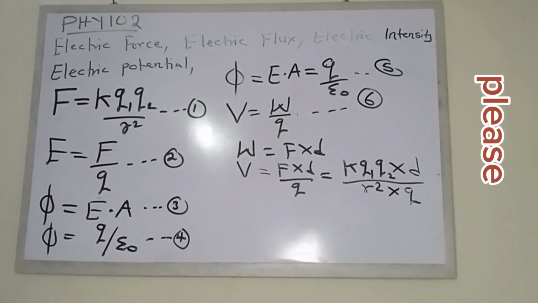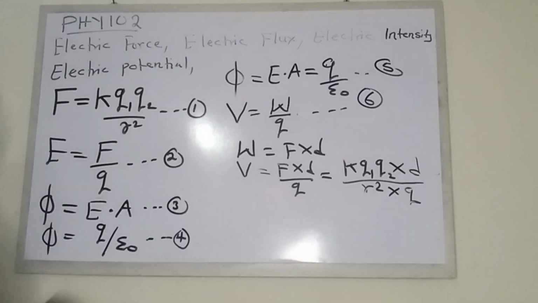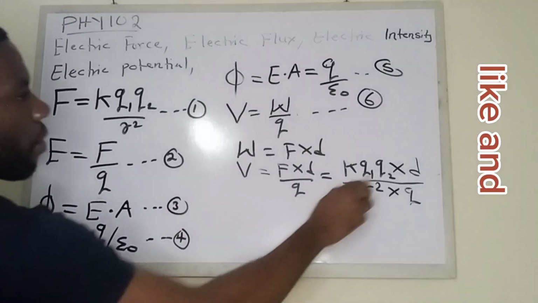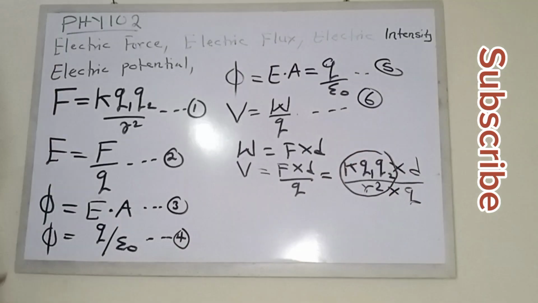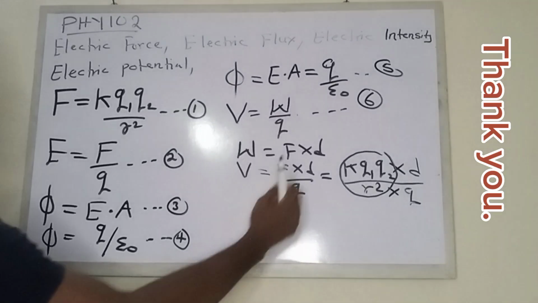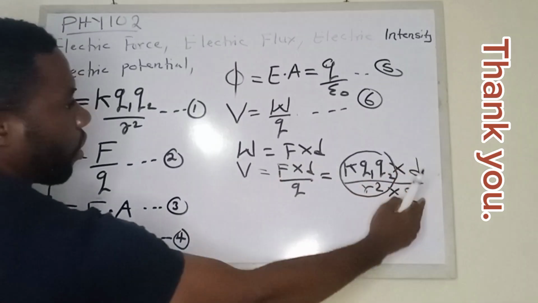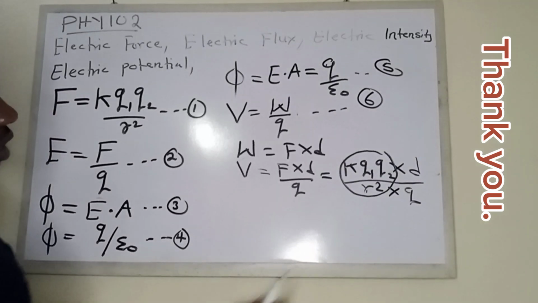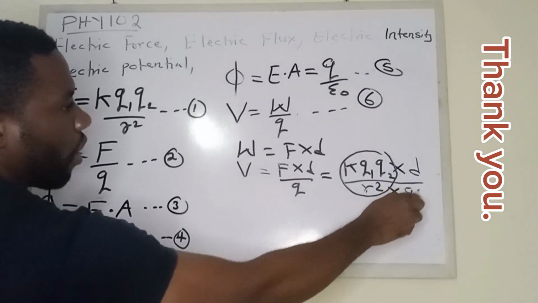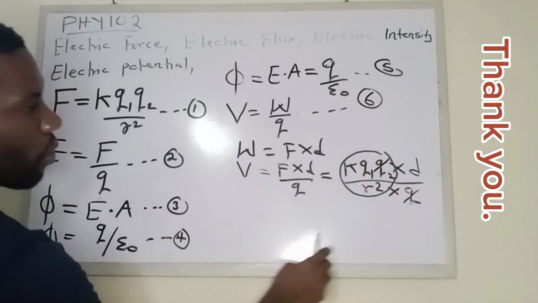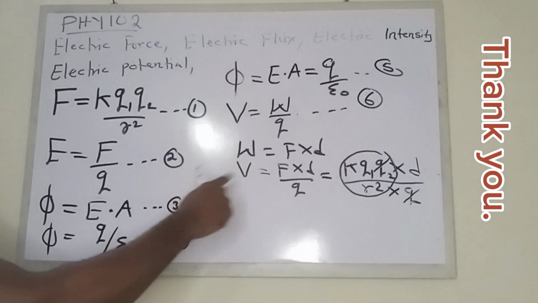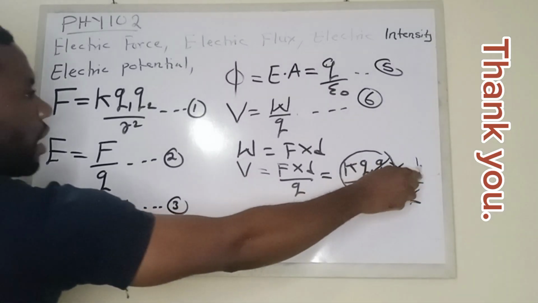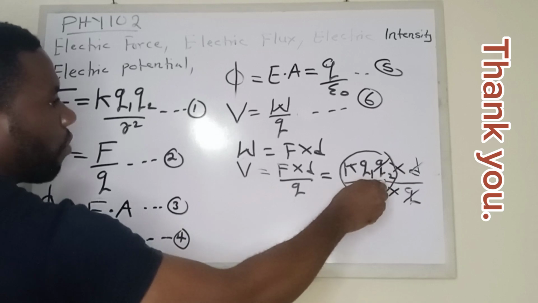Now, let's interpret this in a better way. This is what our force brought about, and we now replace our D over Q. So let's take away one of these Q. And the R here is the distance between Q1 and Q2, and this is also a distance, so we take away one of these as well.